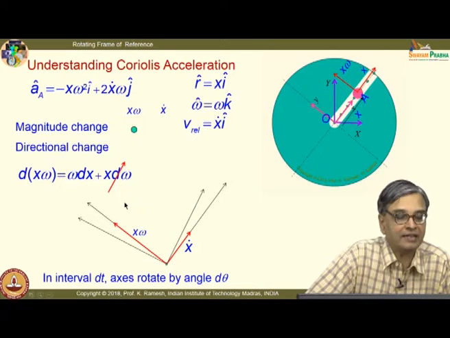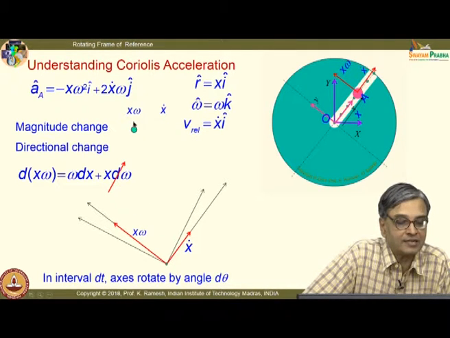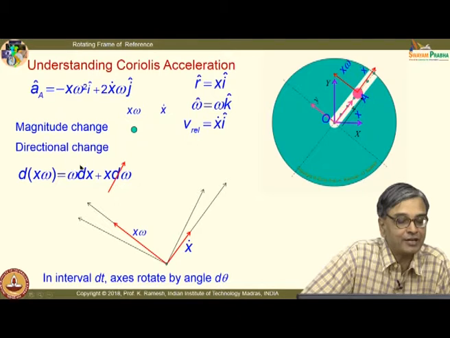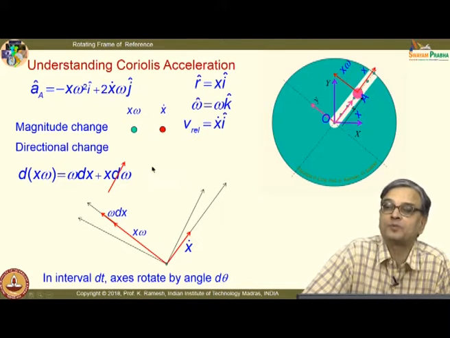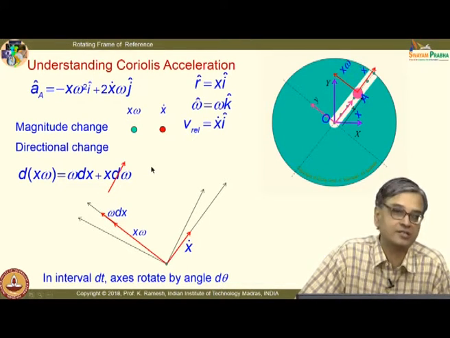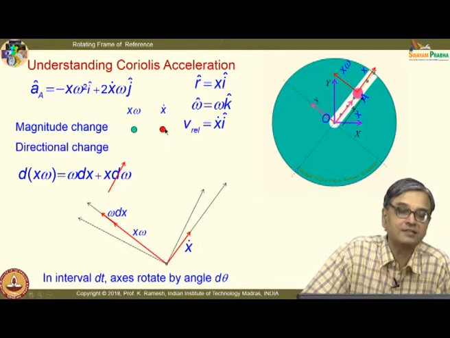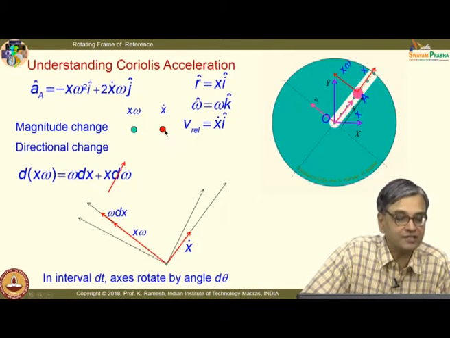So, the component of velocity x omega has a magnitude change of omega dx. I have this omega dx as the magnitude change, and I have already discussed the magnitude change of x dot. It is given clearly in the problem statement that x dot remains constant, so this magnitude change is 0.